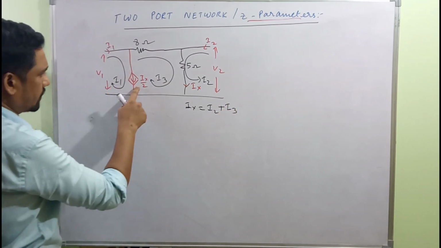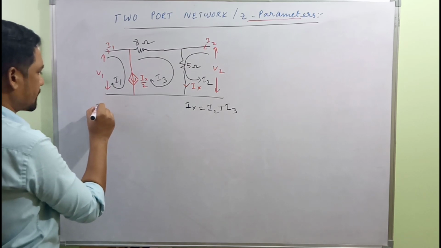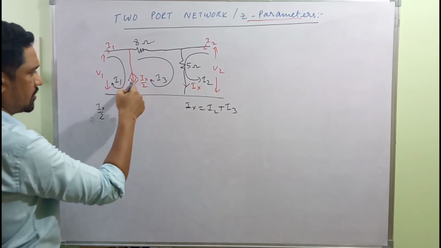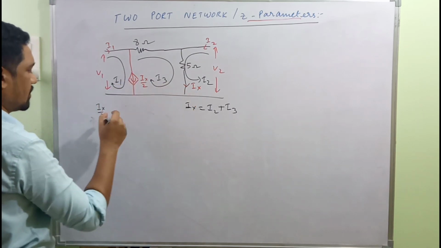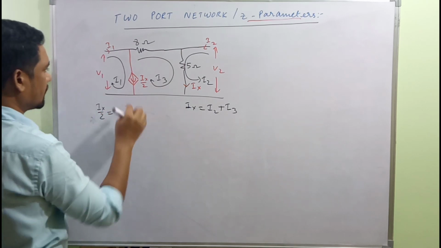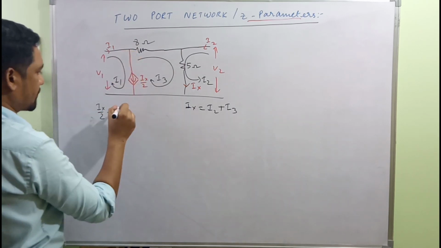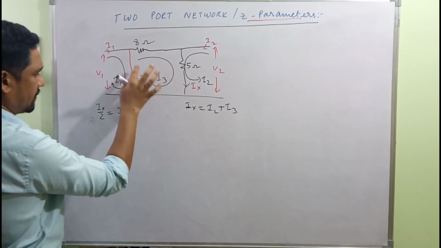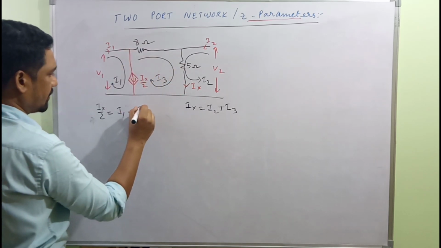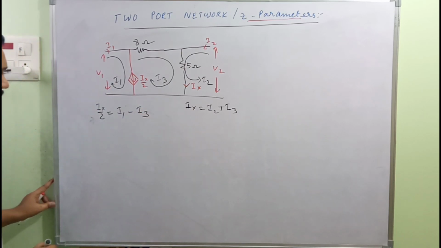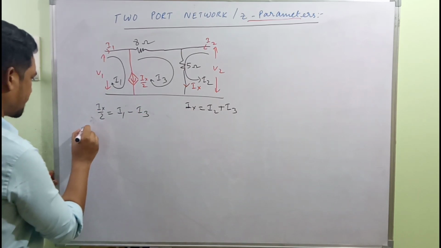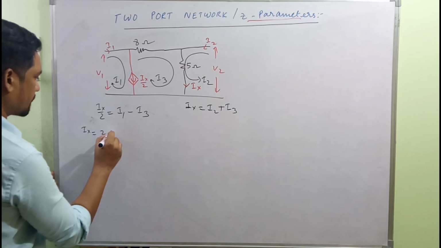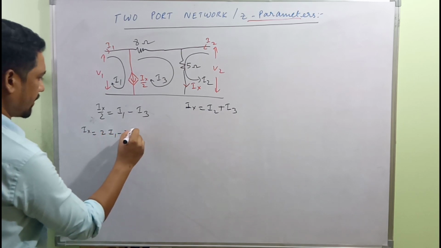And come on to this one, half of Ix, and so it's dependent. Okay, half of Ix is equal to, guys, I1 is in the same direction, so it's I1, and I3 is against this one, so that's minus I3. Okay, so from which we have Ix is equal to 2 times I1 minus 2 times I3, isn't it?